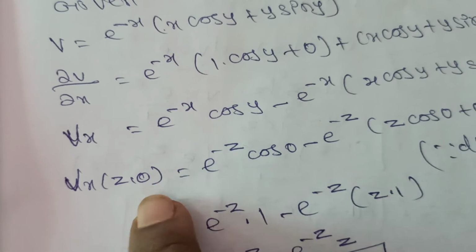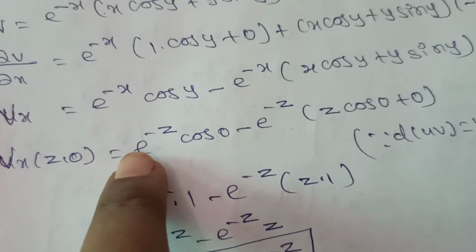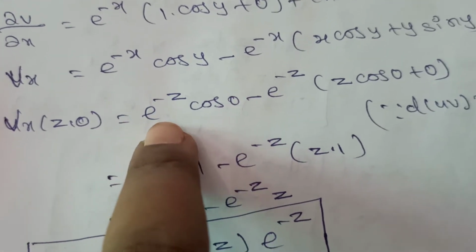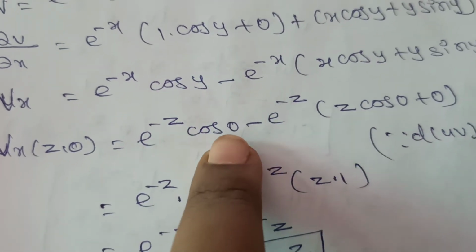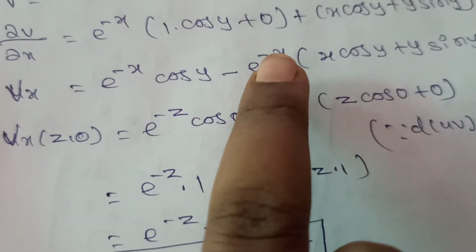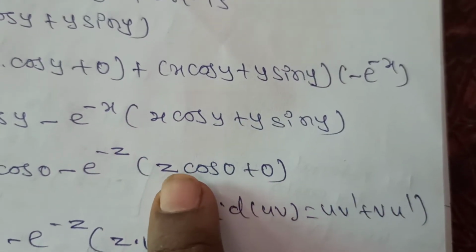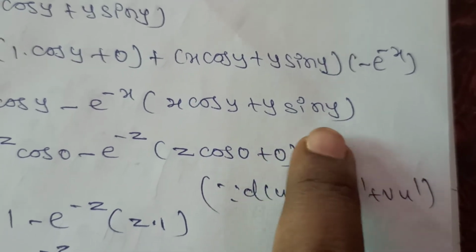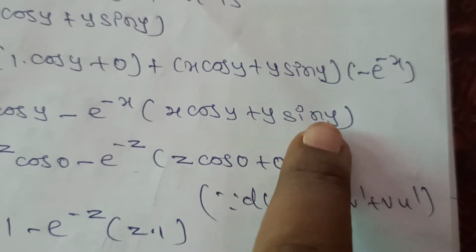Instead of x and y, substitute z and 0: substitute z for x and 0 for y. That gives e power of minus z into cos 0, minus e power of minus z into z cos 0, and the remaining term becomes 0 because it has the y variable only.